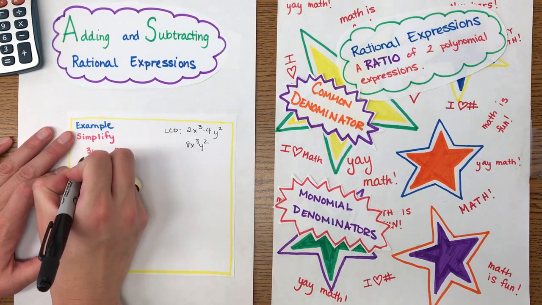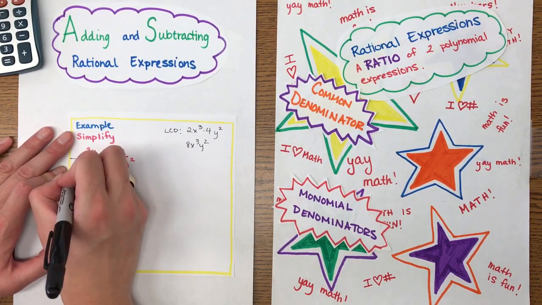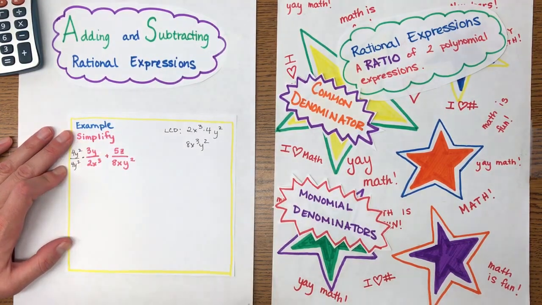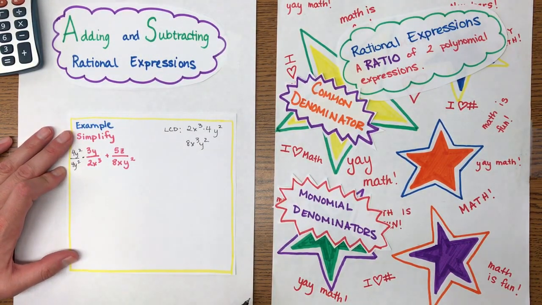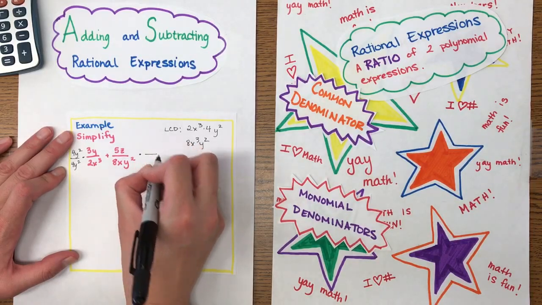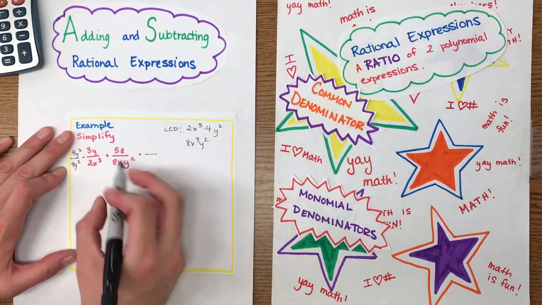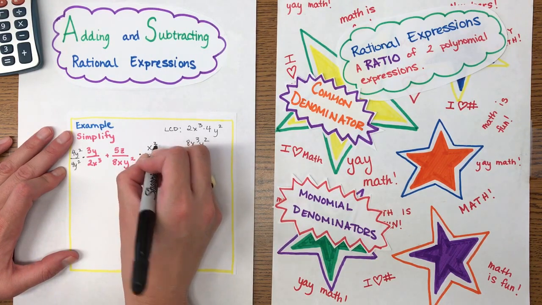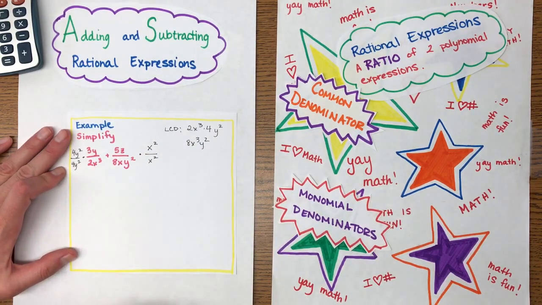So what's missing from my first term is going to be 4y squared in the denominator. So that's a convenient value of 1, 4y squared over 4y squared. And what's missing in my second term is just going to be an x squared. So x squared over x squared.